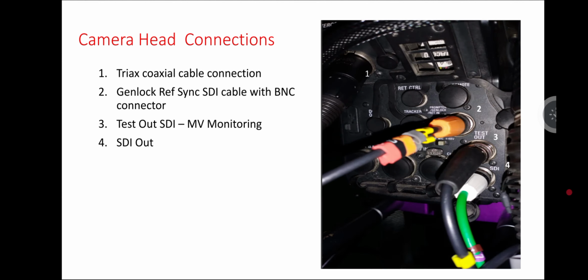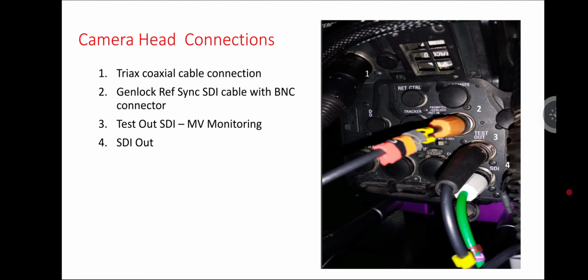Now these are important photographs. If you see the real professional camera, these are the cables connected there. The first cable is your tie cable, which is a thick cable. If you see, I have also marked 1, 2, 3, 4, so that you can understand.